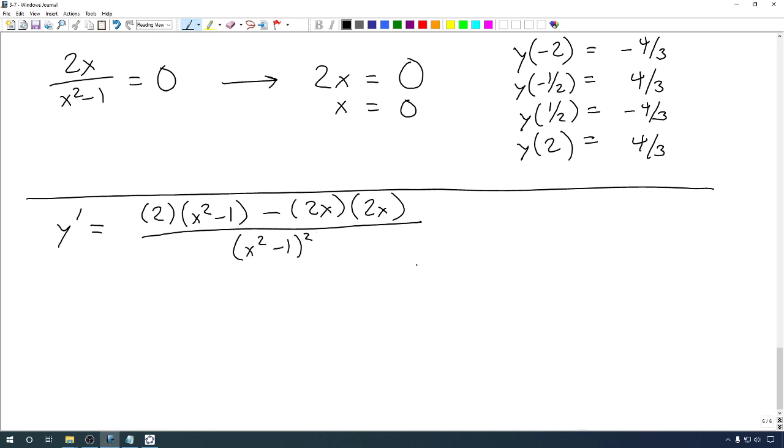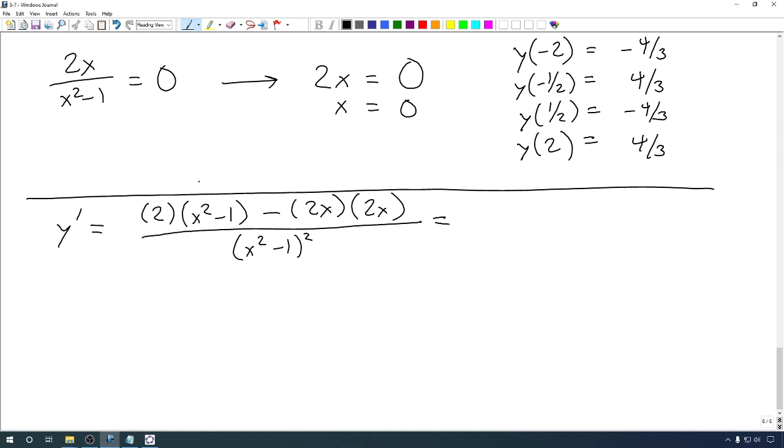Now, if I want to set this equal to 0, I'm going to want to have a simpler version of this. Now, it would be possible to go ahead and set it equal to 0 right now, but it actually will help us even more when we talk about the second derivative, because we're going to have to differentiate this thing again. It's not as bad as it might seem, but it is going to take a little bit of work.